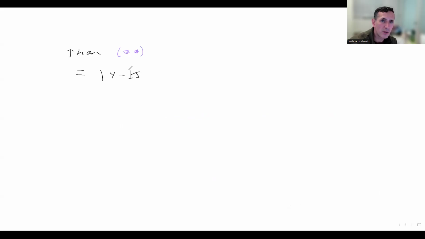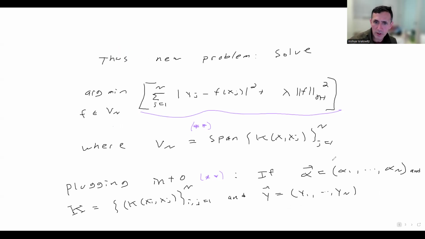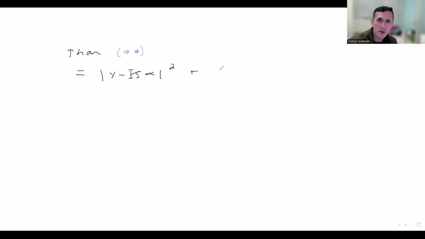And it's just obviously matrix multiplication. In particular, this here is going to be the sum, and this here is going to be alpha.